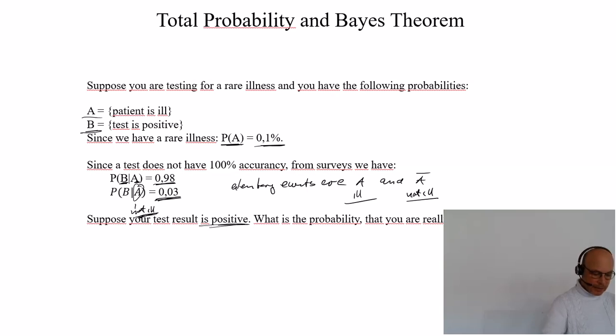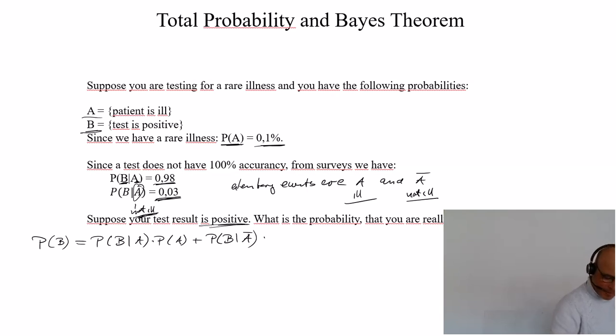And this means the probability of B is P(B given A) times P(A) plus P(B given not A) times the probability of not being ill.